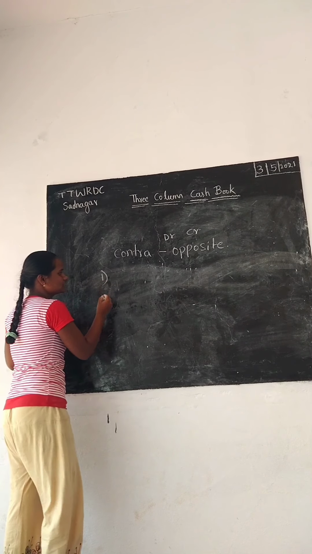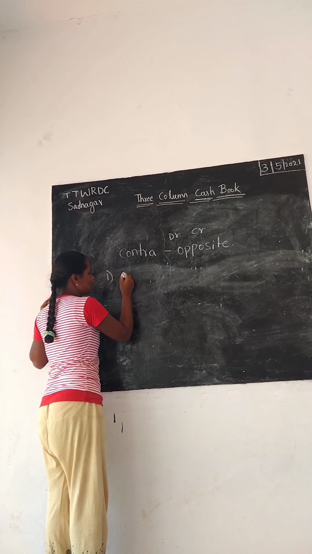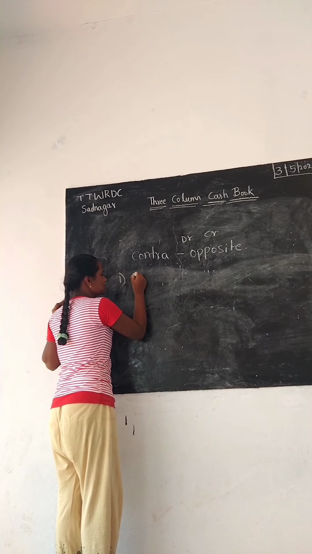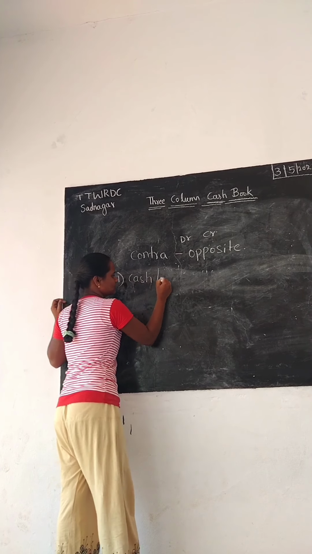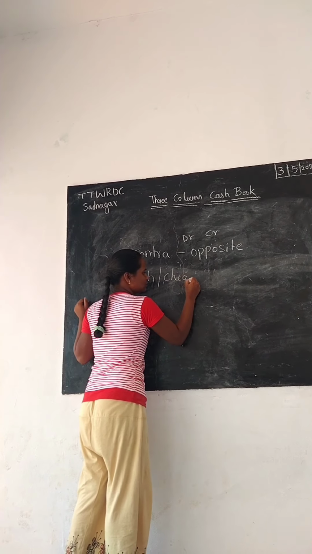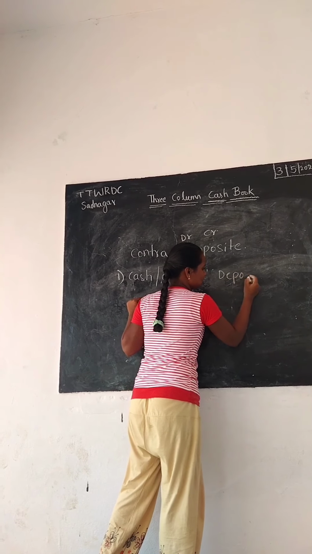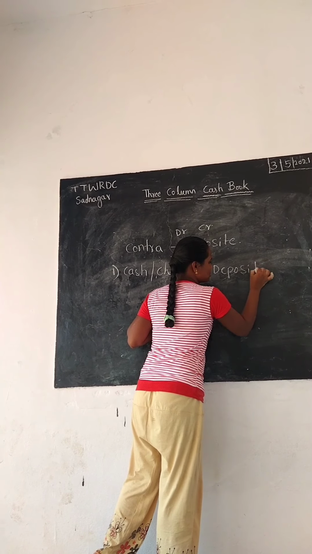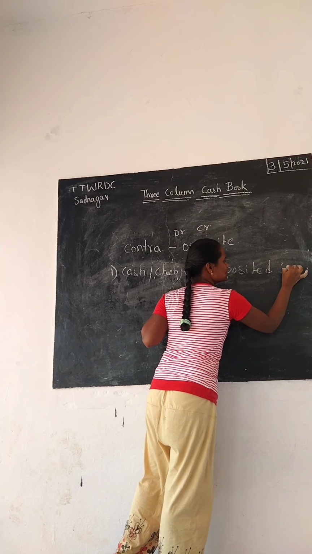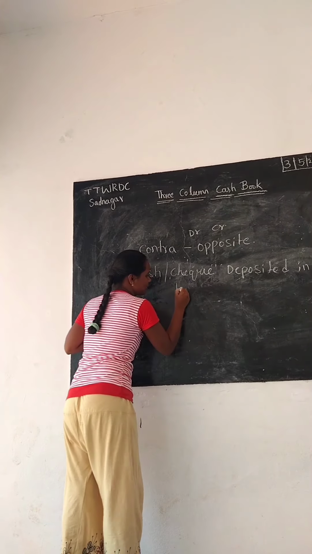The first transaction of contra entry is cheque or cash depositing into the bank.